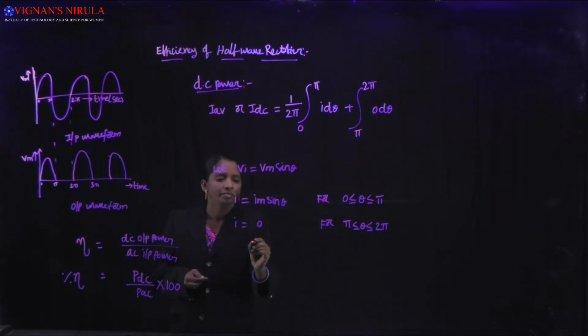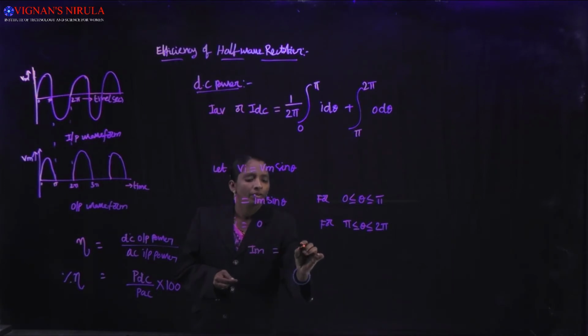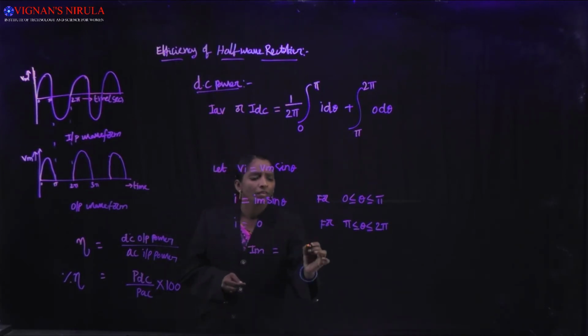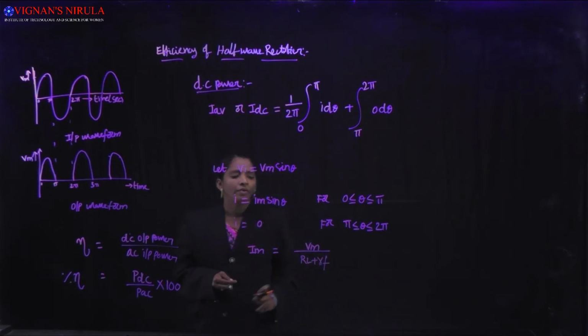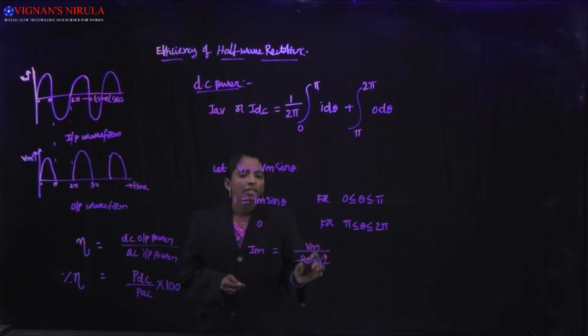Here Im is the maximum current. We know the formula, Im equal to Vm by RL plus RF, where RL is the load resistance, across which we take the output, and RF is the internal resistance of the diode, or forward resistance.